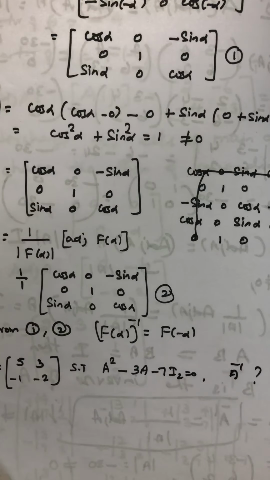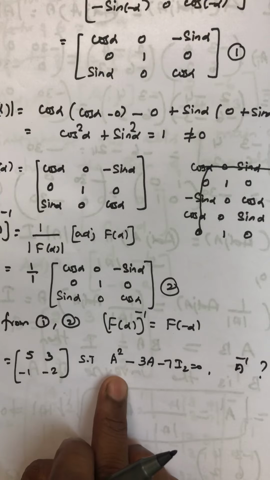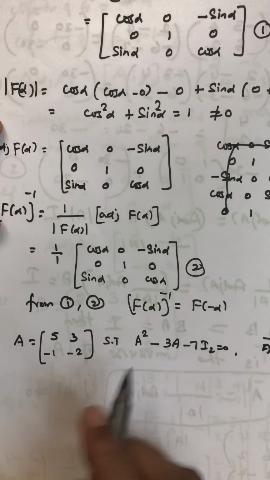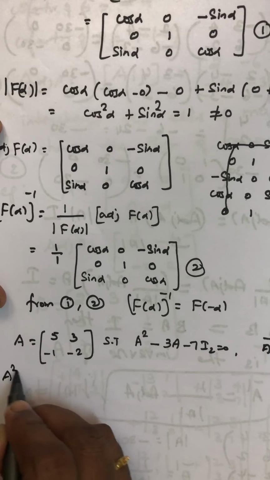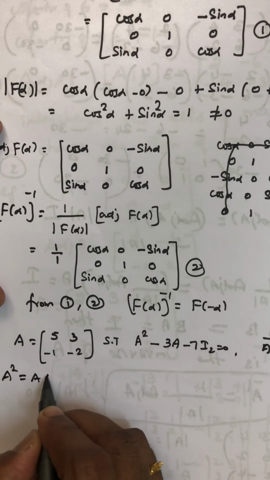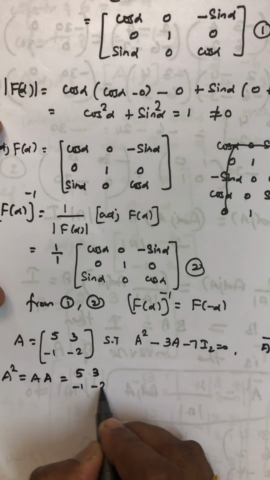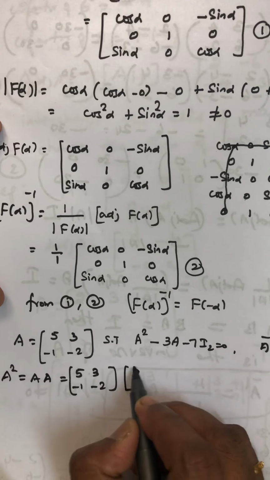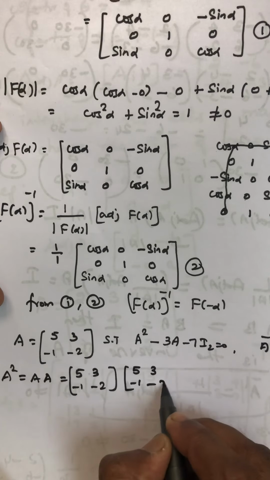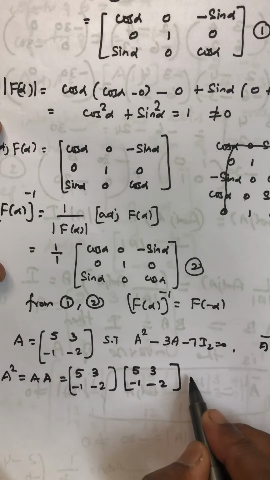So as usual simple thing. Look here. How to find out A square matrix? A matrix into A matrix. So be careful. So A square is A matrix into A matrix. So I have 5 3 minus 1 minus 2 into again 5 3 minus 1 minus 2. Yes, multiply row by column.